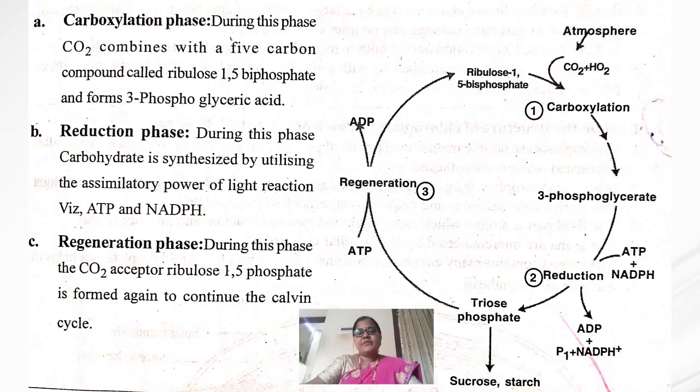In this diagram, the first one is the carboxylation phase. During this phase, carbon dioxide combines with a 5 carbon compound called ribulose 1,5 bisphosphate, and it forms 3-phosphoglyceric acid.